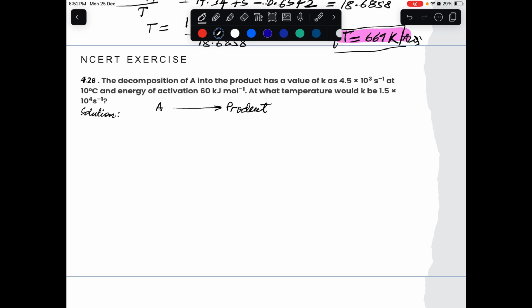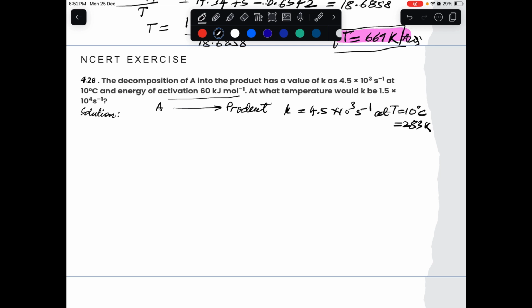For this, the initial value of rate constant is given, which is 4.5 into 10 raised to the power 3 per second at temperature given as 10 degrees Celsius, which is equal to 283 Kelvin. And for this, energy of activation is also given. This is the value of energy of activation.